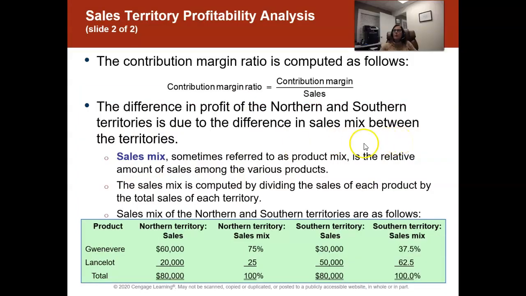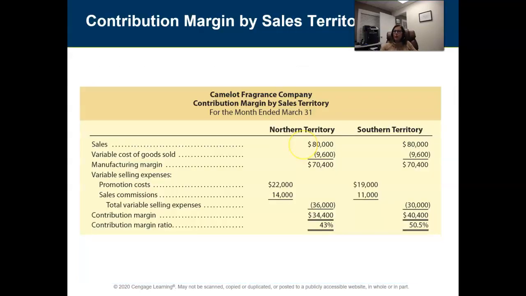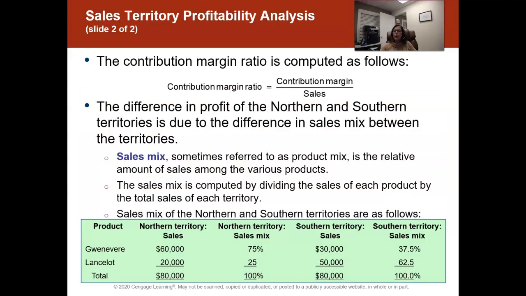Now, you might be saying to yourself, well, if they're selling the same amount of money, how is the Southern Territory outperforming the Northern Territory? I thought these were salespeople, but no, these are different products. And the answer is that while they both might be selling the same gross dollar amount in terms of revenue, what they are selling between these products isn't identical.